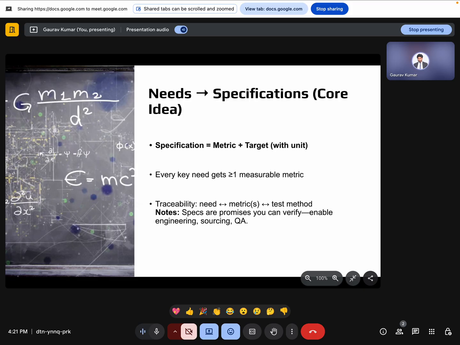So specs are promises: they enable engineering to design, sourcing to negotiate, and quality to verify.